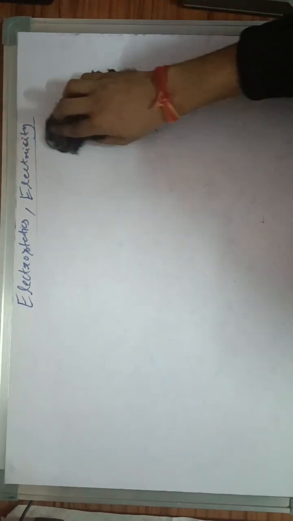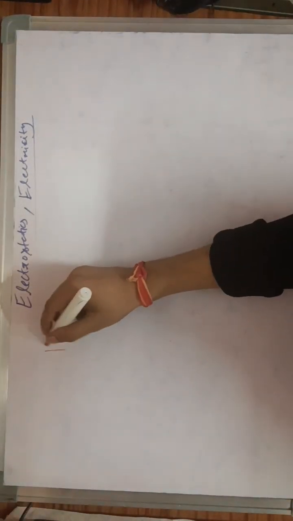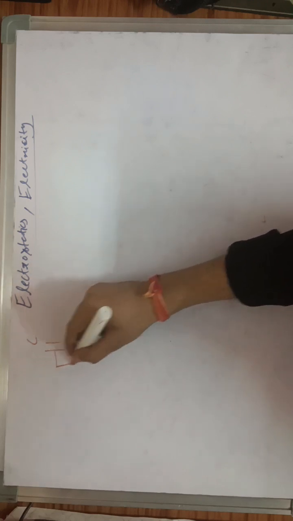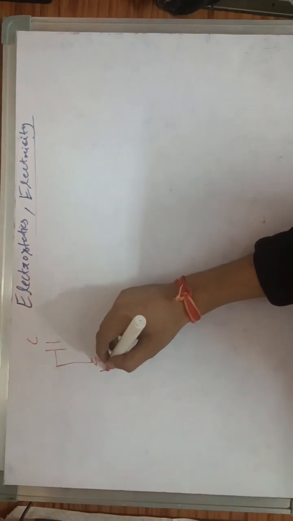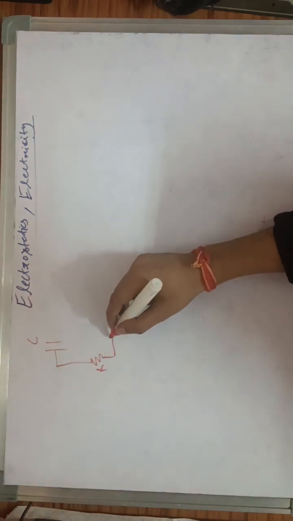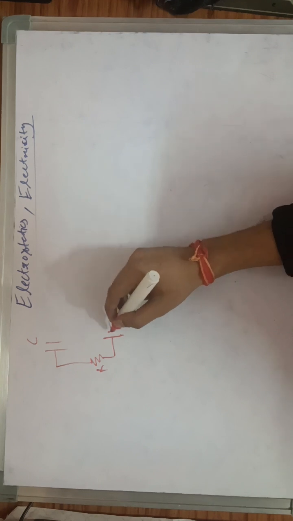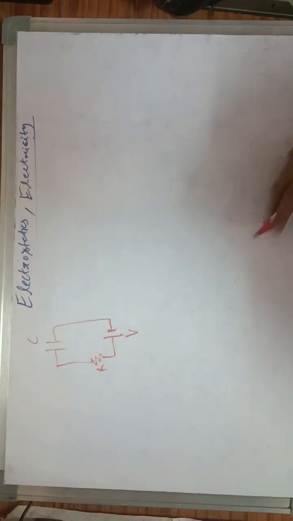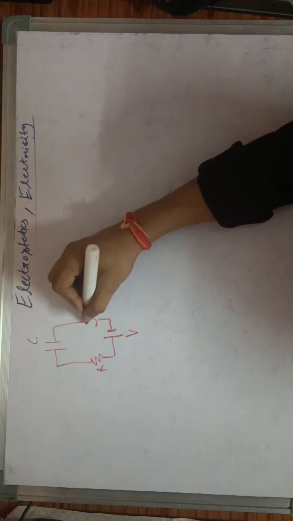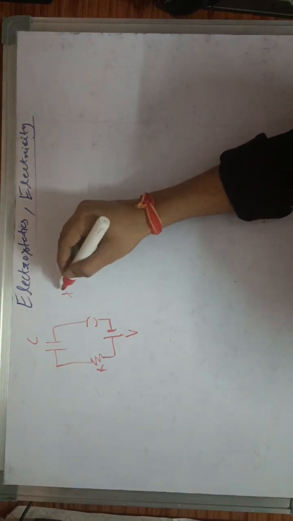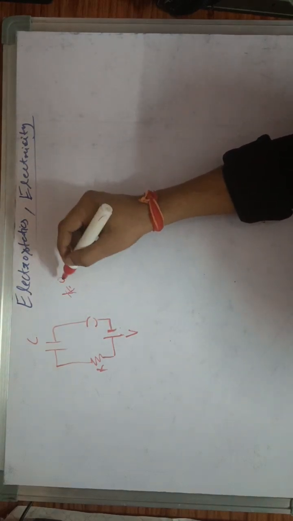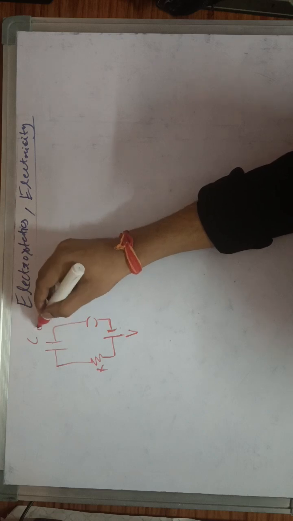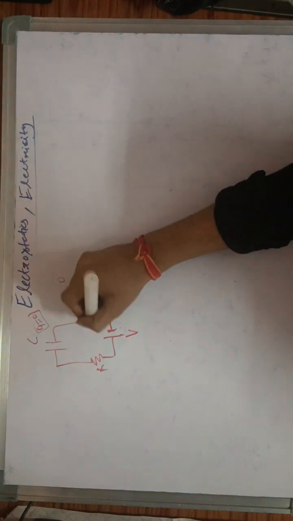So let's say there is a capacitor with capacitance C, and there is a resistor here of resistance R, and a DC battery with some voltage V is connected to this capacitor. There is a switch here, and at time t equal to 0 there is charge Q equal to 0 on this plate, and I switch it on.